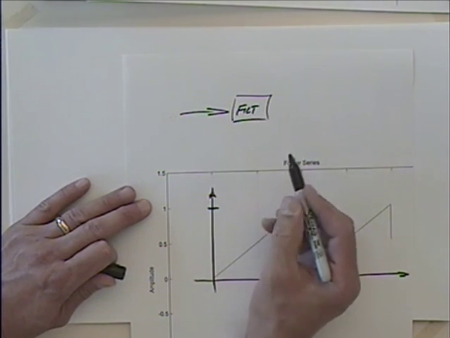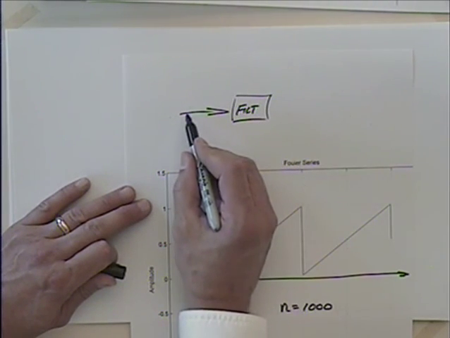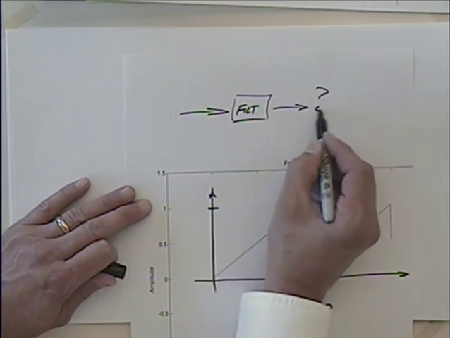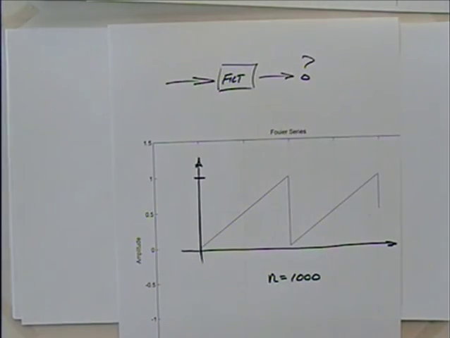And if the filter doesn't let the low frequency terms through, what are we going to get out? So that's where we'll take this. Once we get comfortable with just doing Fourier analysis for the sake of Fourier analysis, we'll start to go this way, start to feed it into a filter and see what you get on the output.